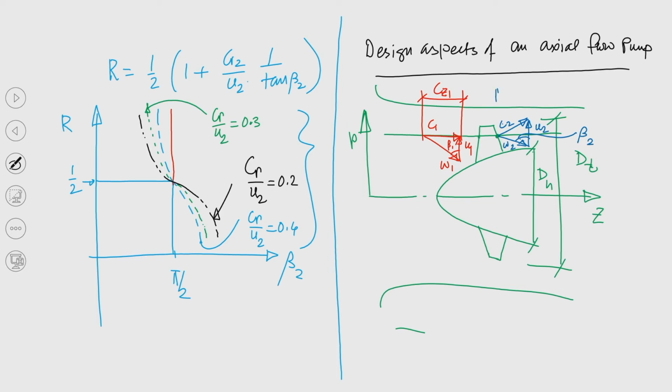Similarly, this is CZ2, right. So, this is what we have drawn, this is beta 2 and you can understand this will be the alpha 2. So, this angle will be alpha 2.